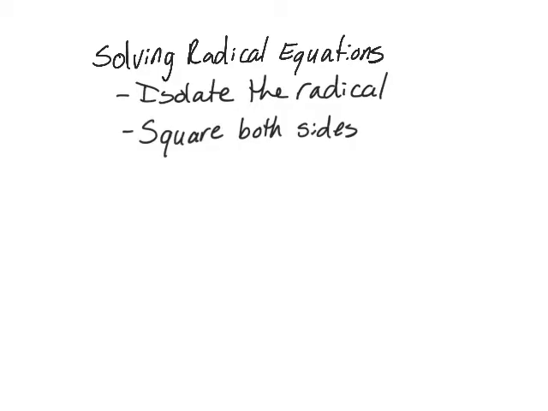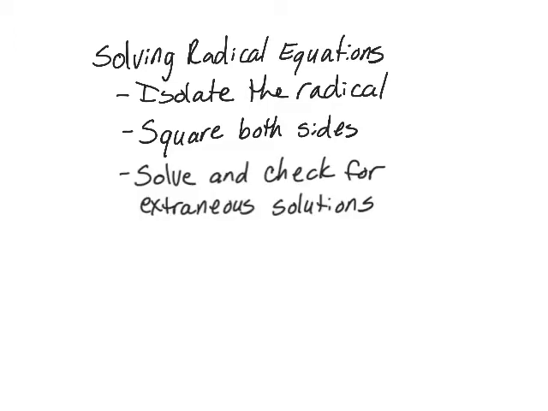Then the next thing you're going to do is square both sides of the equation to get rid of that radical. Finally, you're going to solve it and then check for extraneous solutions, because when you square both sides, you introduce extra factors that might not actually be a solution to the equation.